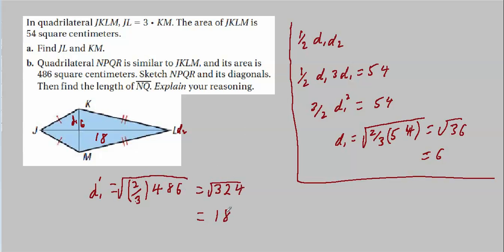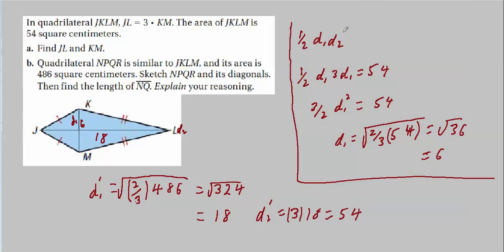That'll be our short diagonal. And our other diagonal, d2 prime, that's just 3 times 18, and that would be 54, which we already know. So our diagonals for our new transformed quadrilateral are 18 and 54.